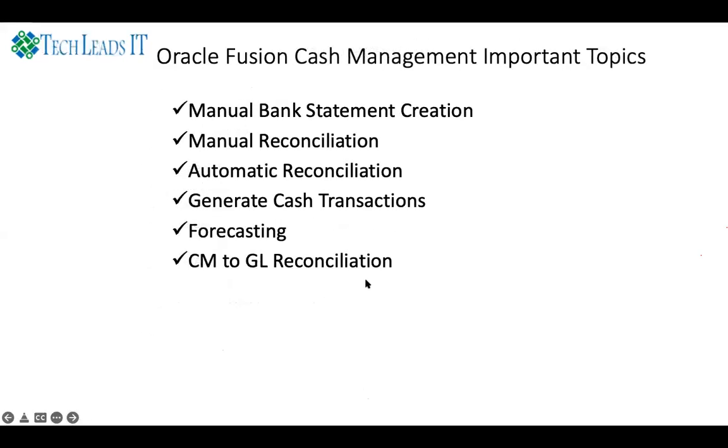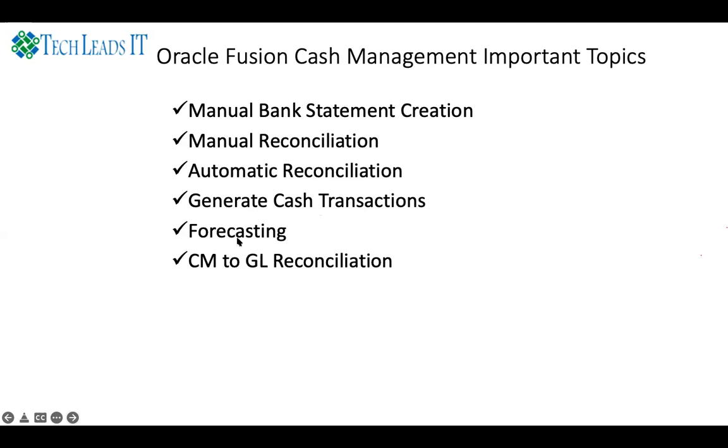When I talk about cash management, we have bank statement creation, which is manual and automatic. We will cover in depth how we take a file from the bank side, how it is uploaded in the real world, how it gets reconciled, and how a transaction is generated and moved to the GL.